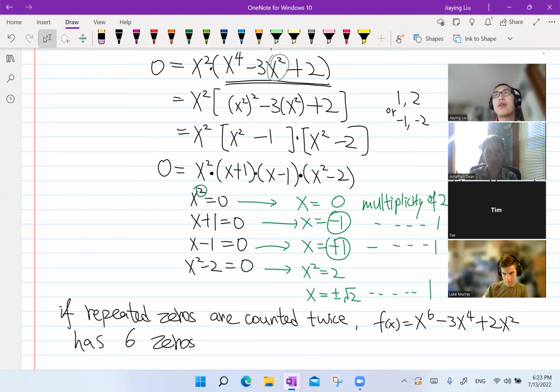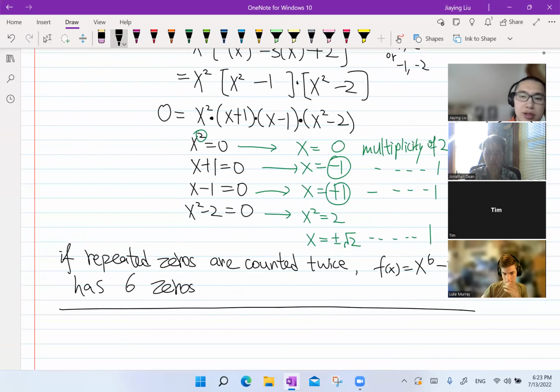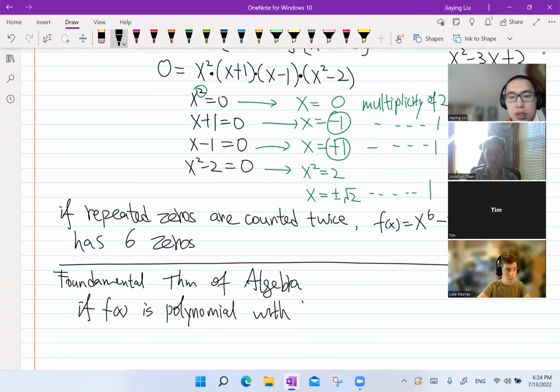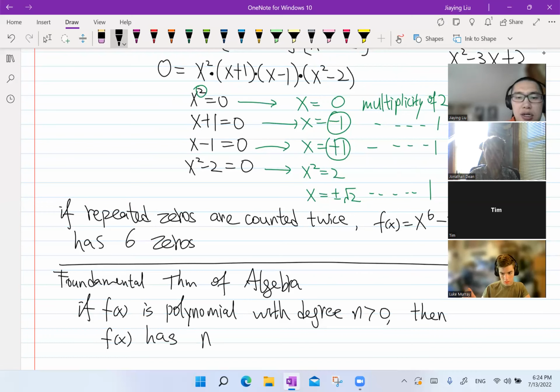There's a fundamental theorem of algebra, which says if f of x is a polynomial with a degree n, n greater than 0, then f of x has n zeros if multiplicity is allowed.